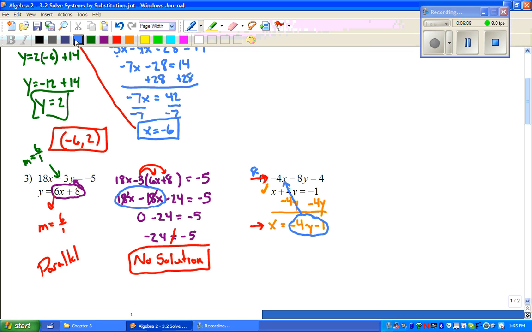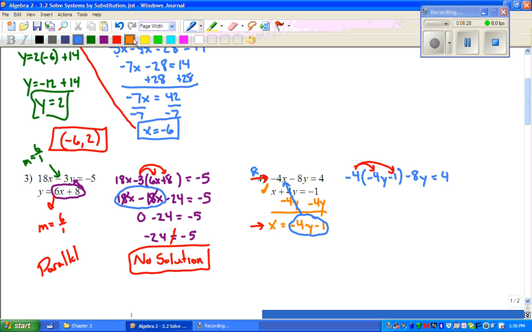All right? So really what we're looking at here is -4, all right, minus 4y minus 1, and then you've got minus 8y is equal to 4. Only variable, and here's my y variable. I'm going to distribute, and I'm going to distribute.